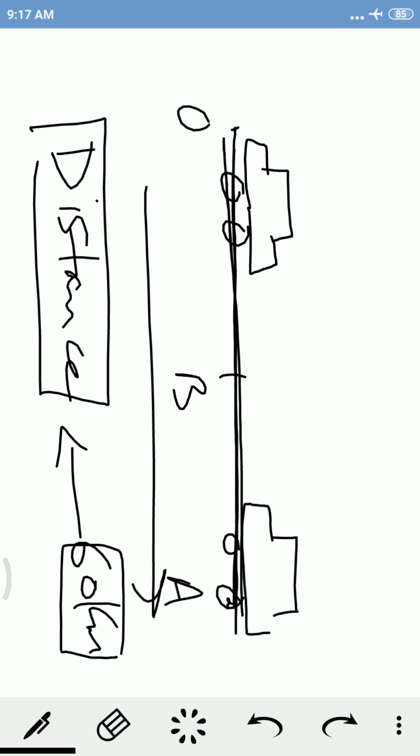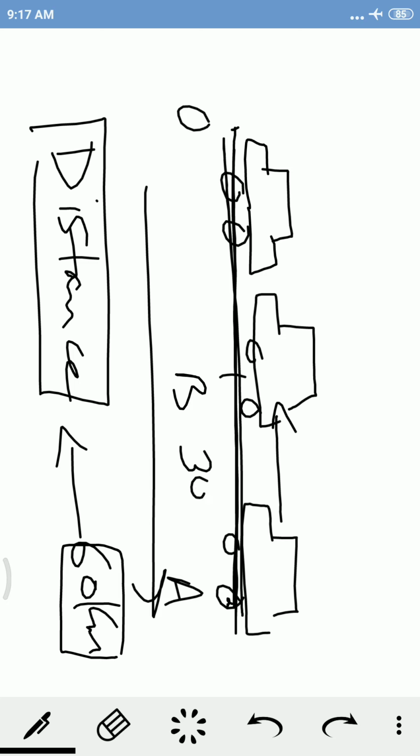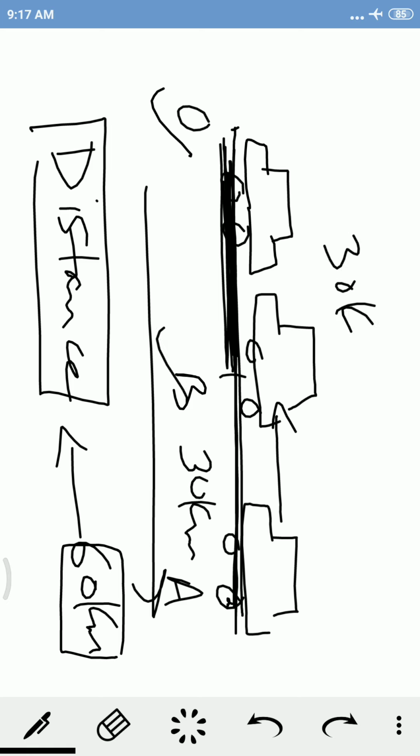Now, in the next case, suppose the car returns to point B after reaching point A, and the distance between A and B is 30 kilometer. So the shortest path between point O and B is 30 kilometer only.